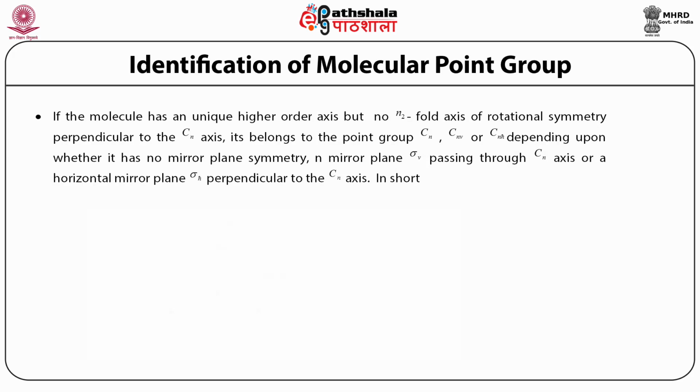We have seen all the symmetries which are possible in the molecular point groups, but given a particular molecule, how to identify which point group it belongs to can sometimes be done easily by noticing a few important features.